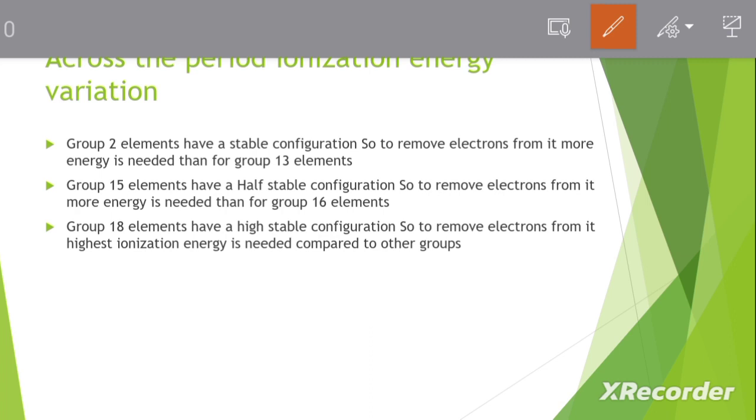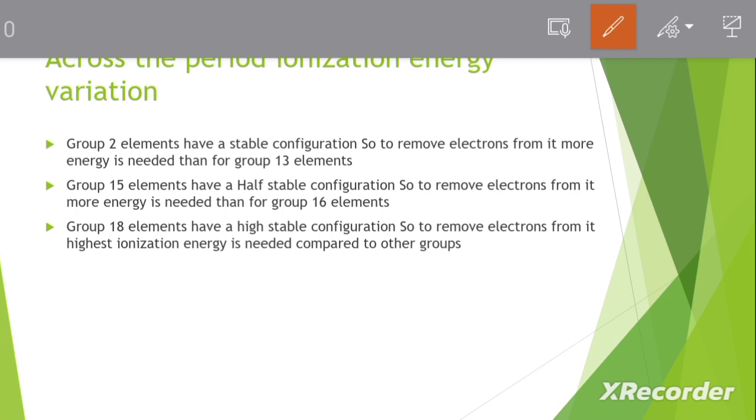That means considering the first 20 elements. We are not discussing the first ionization or any periodic trend here regarding D block and F block elements. We are only focusing on S and P blocks. So I am going to write the common configurations to understand this variation, right?